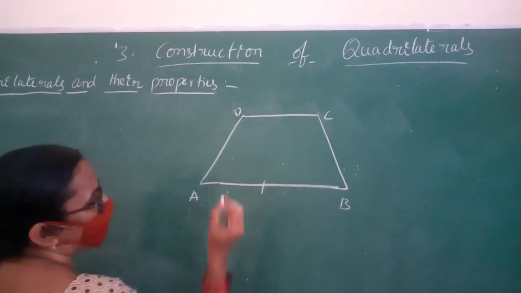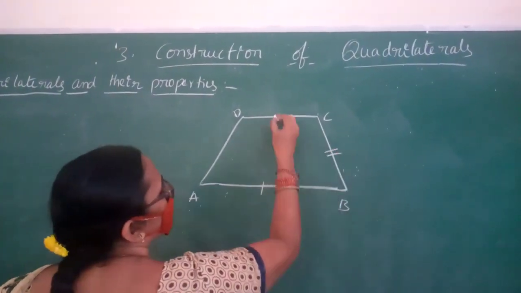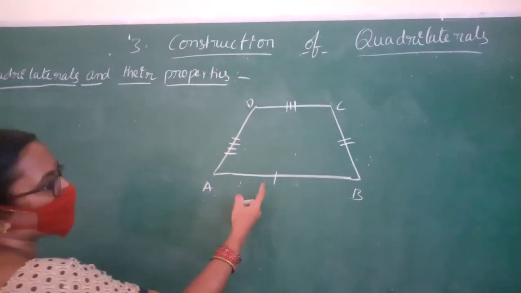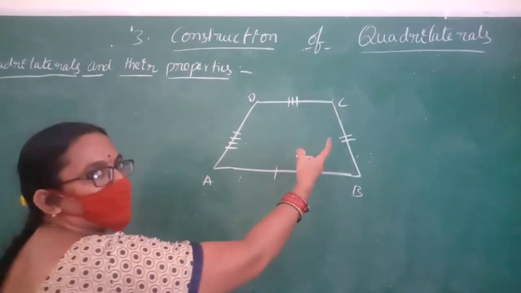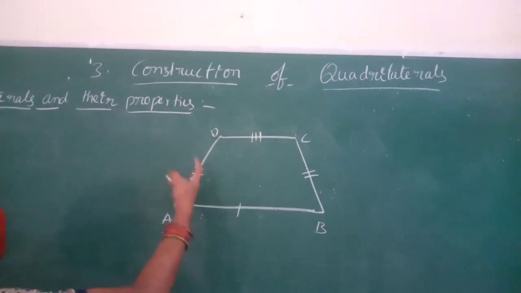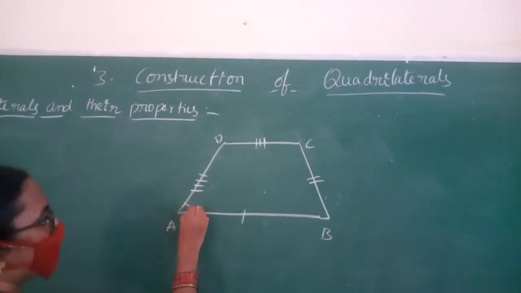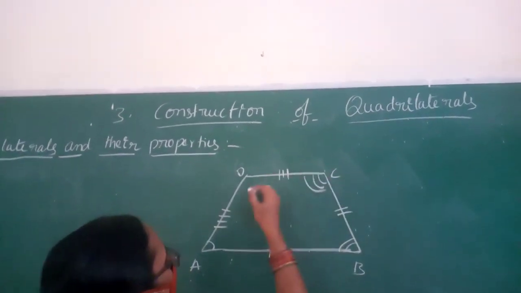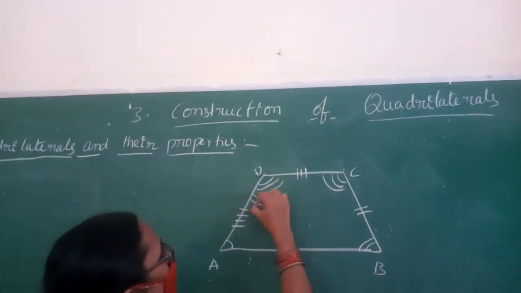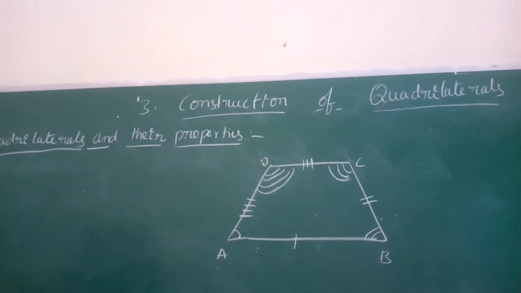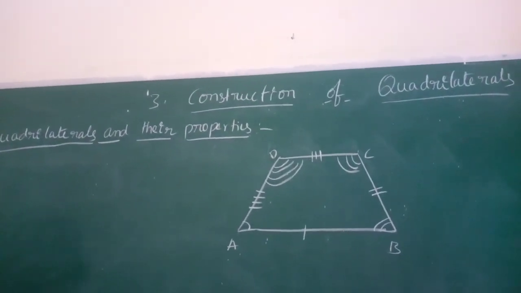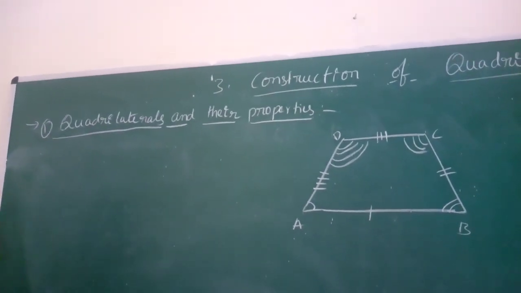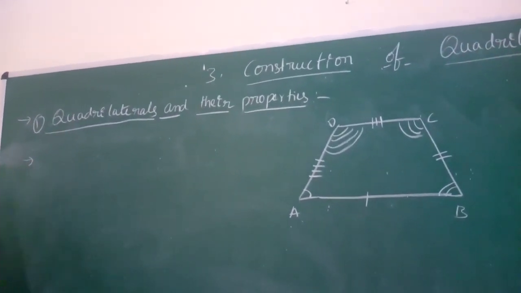How many line segments are there? 4. 1, 2, 3, 4. How many angles are there? 1, 2, 3, 4. Okay. All of you draw in your notebook.